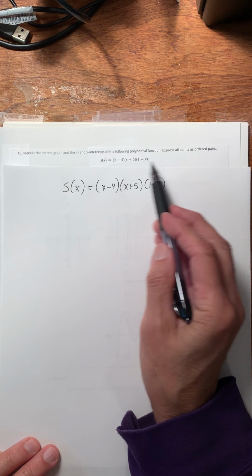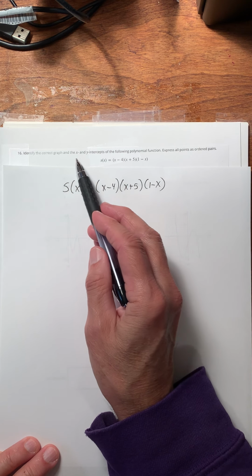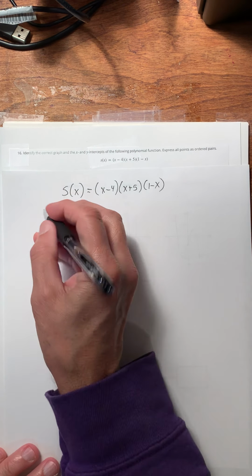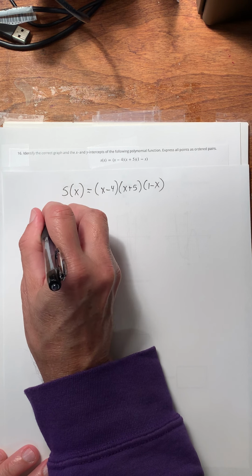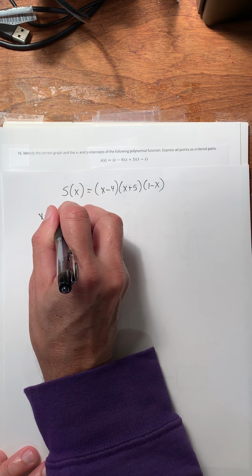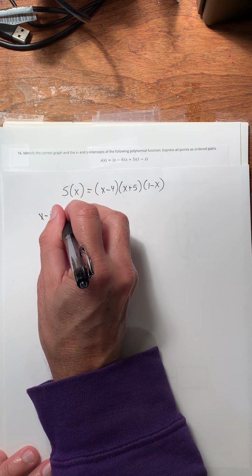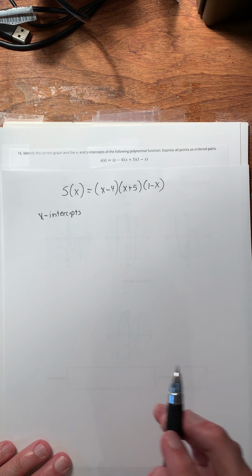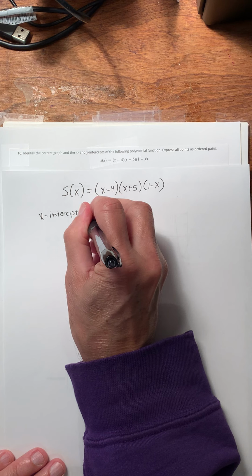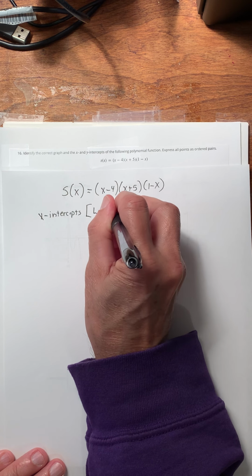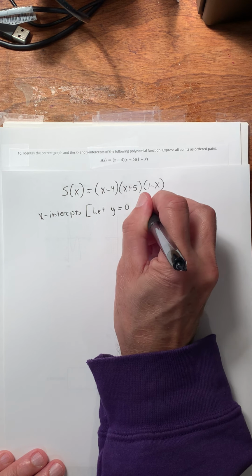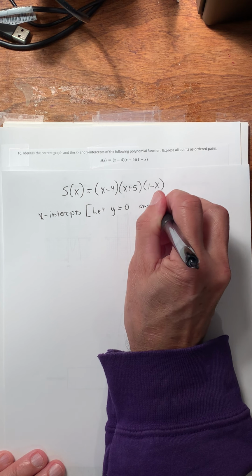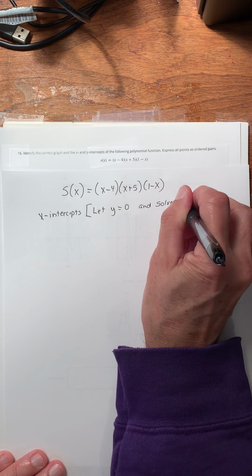All right, first of all, x and y intercepts. Let's find the x intercepts. How do you find an x-intercept? You let y equal to 0 and solve for x.